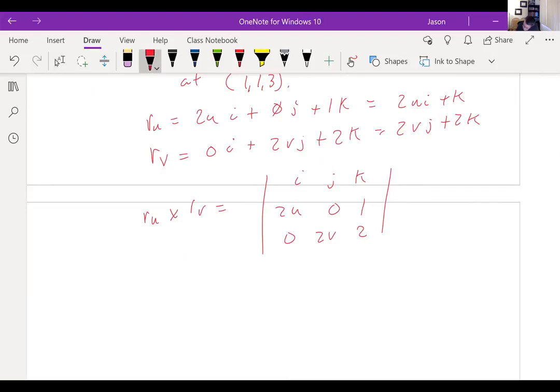This is going to be 0 minus 2v, so minus 2v i. Plus, this is going to be 4u, minus 0 times 1 is 0, so that's j, 4u j. I'm sorry, it's a minus. And then plus this is just going to be 4uv k.